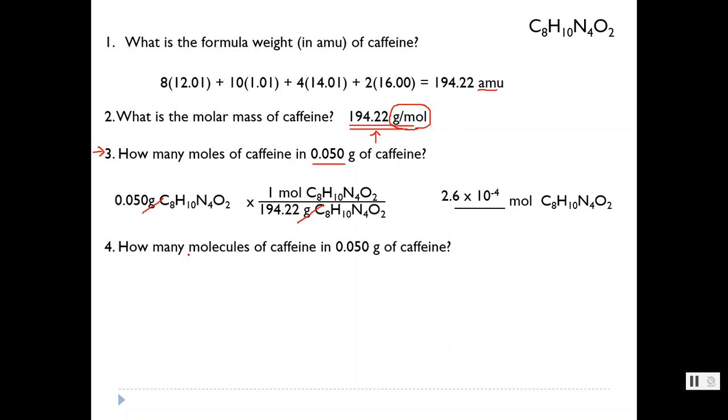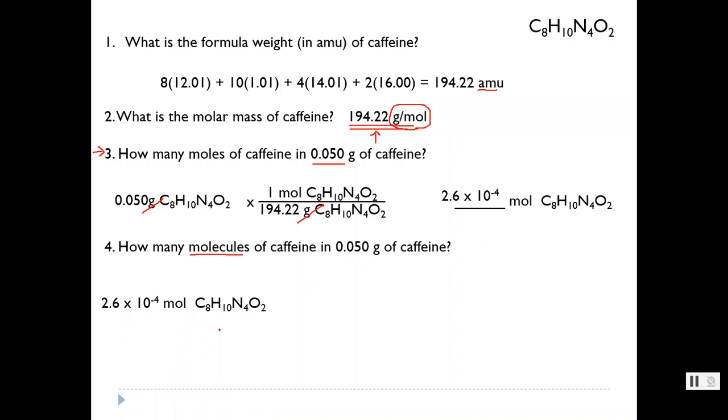Now we want to know how many molecules of caffeine that is. Anytime you see the word molecules, atoms, ions, things that we count in chemistry, start thinking, maybe I need to use Avogadro's number, that special number 6.02 times 10 to the 23rd. If you remember, 6.02 times 10 to the 23rd of whatever you're counting is equal to 1 mole of whatever you're counting. Well, I already know how many moles of caffeine I have in that particular amount of grams.